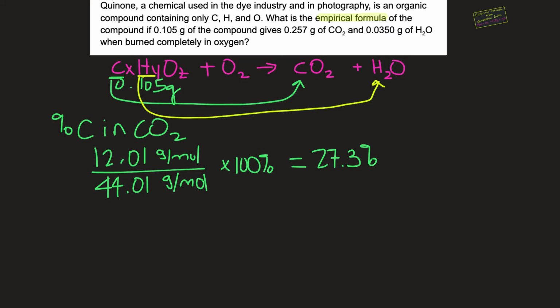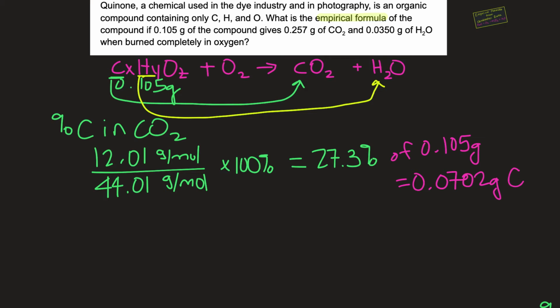Then you can take 27.3% of your 0.105 grams of your compound, and that will give you the grams of carbon in that compound. So I get 0.0702 grams of carbon in the CxHyOz.